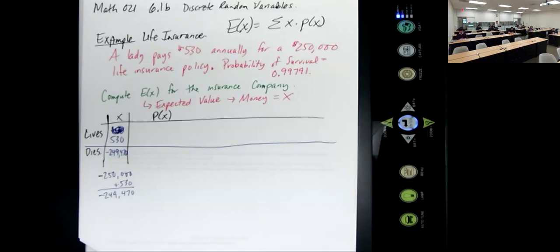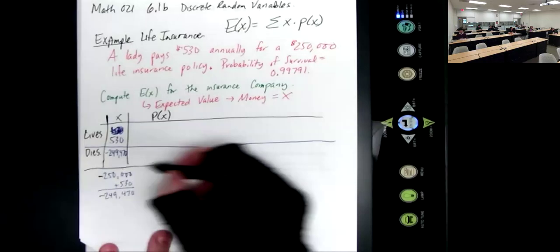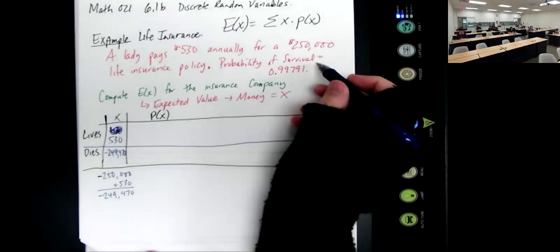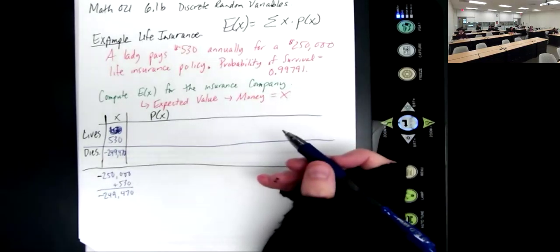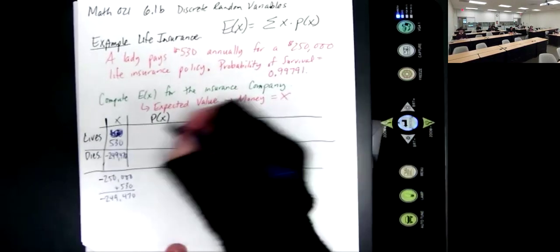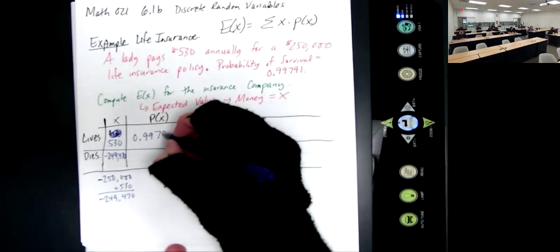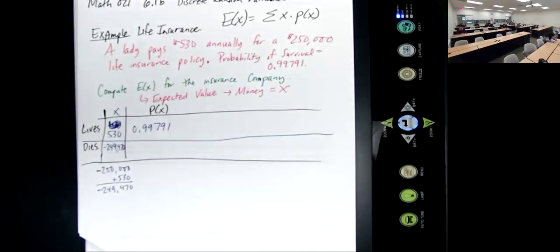So what are the probabilities associated with this? Which one do we know, the live column or the die column? Survival means she's alive, so that is 0.99791. What's the probability of death?